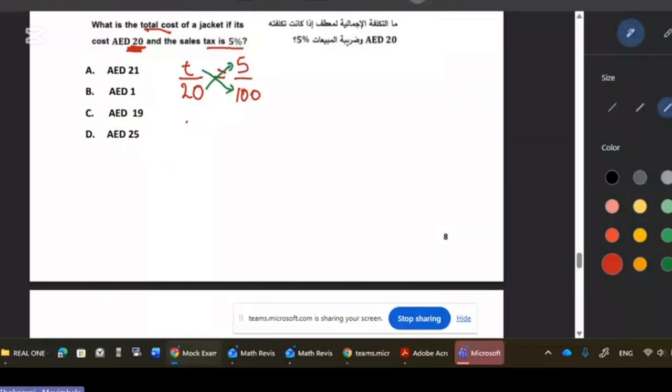Now we're going to say T multiplied by 100 equal to what? 5 multiplied by 20. So what is T times 100? 100T.